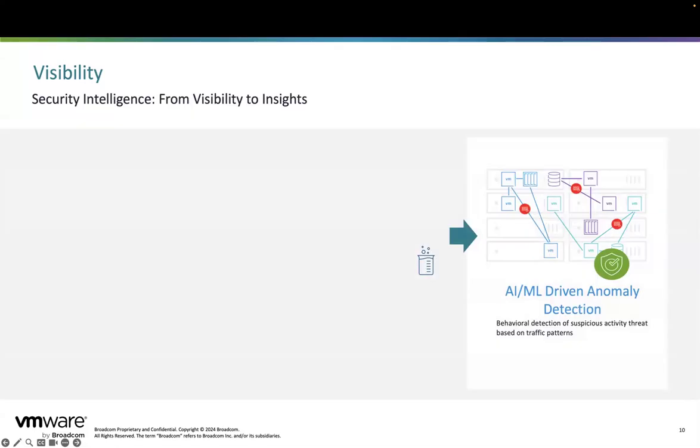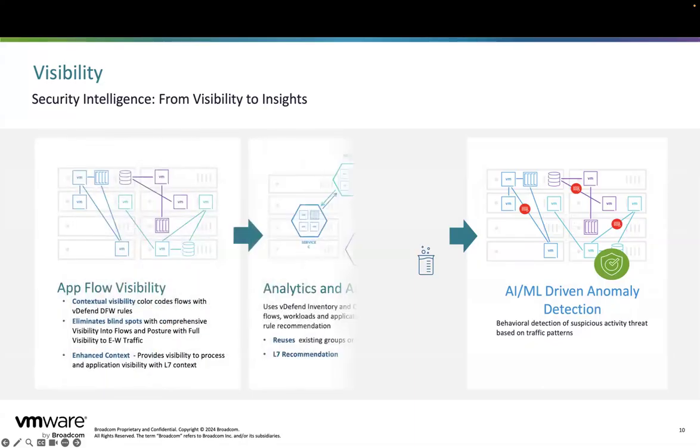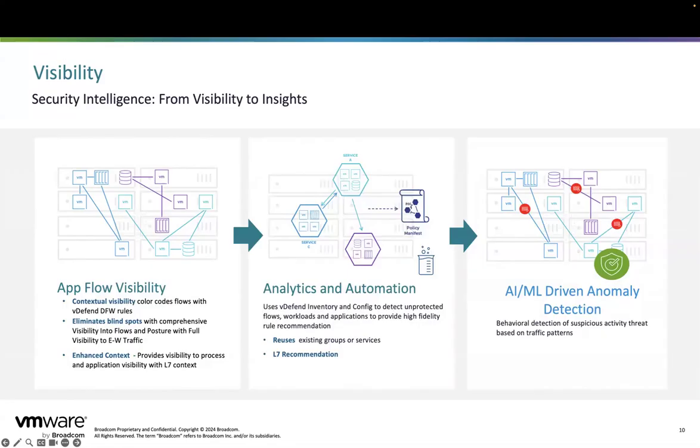vDefend provides a deep level of visibility into network communications through security intelligence. Security intelligence offers app flow visibility, giving contextual visibility, even going so far as to color code the flows so that you can identify if it's just an open flow, or a flow with a rule that's allowing it, or a flow with a rule that's blocking it.